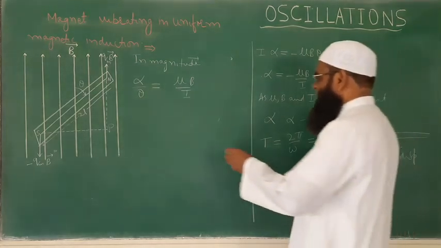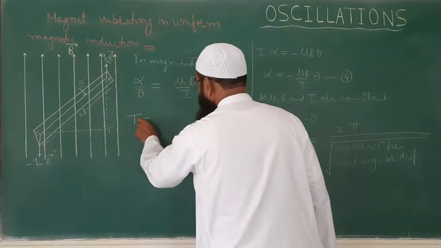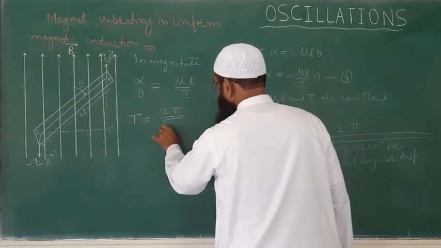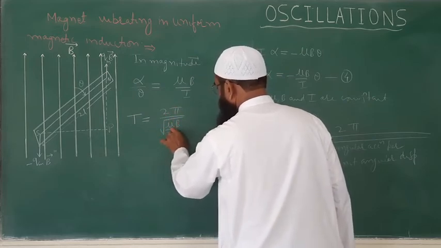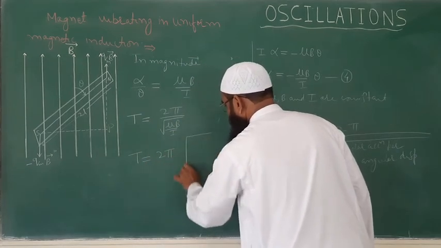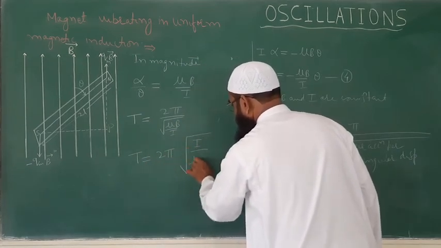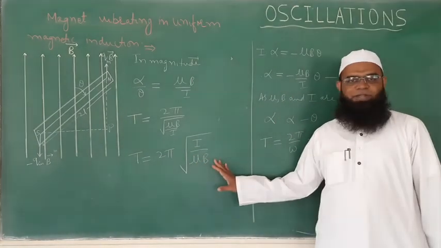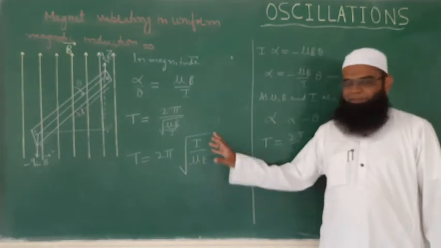Substituting, T is equal to 2 pi upon the square root of mu B upon I, or T is equal to 2 pi square root of I upon mu B. By using this equation we can find the time period of a magnet.